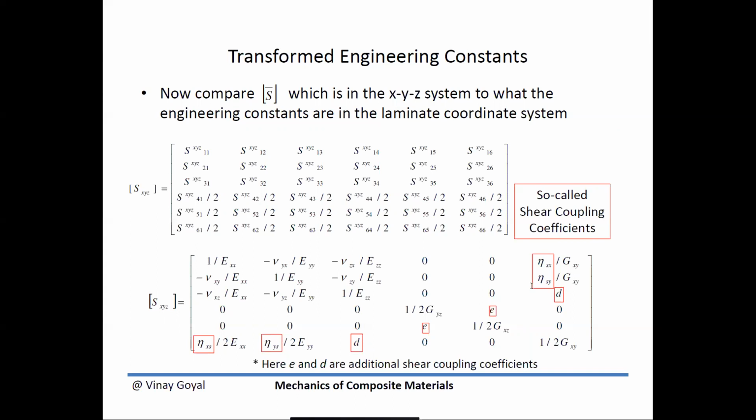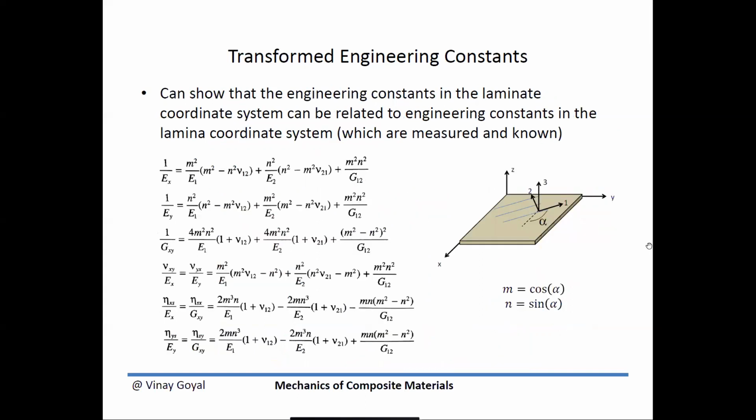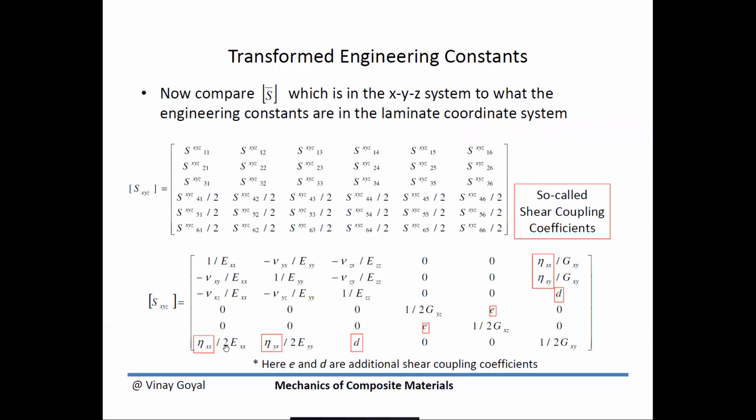So if we were to actually do the derivation for a single ply at a ply angle alpha, you can show that the engineering constants in the laminate coordinate system will look like this, where M is the cosine of alpha, N is the sine of alpha.